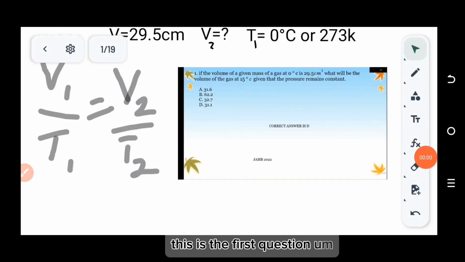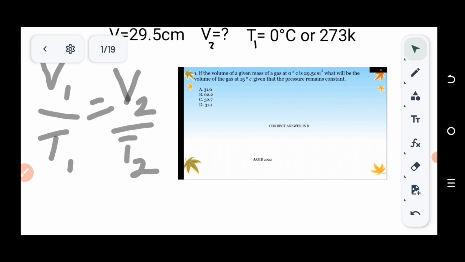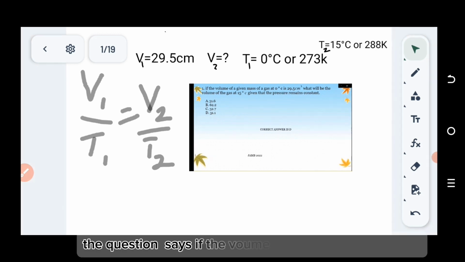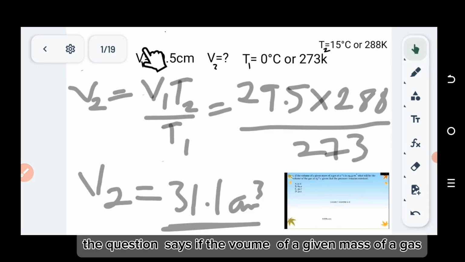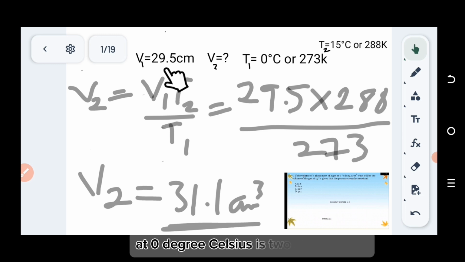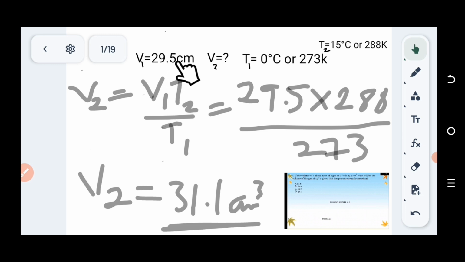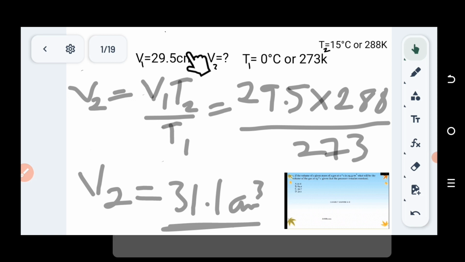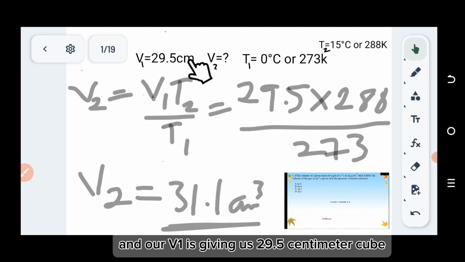This is the first question, and it's gotten from the year 2022, and this is the solution towards it. The question says if the volume of a given mass of a gas at 0 degrees Celsius is 29.5 centimeter cube, that is, our T1 is given at 0 degrees Celsius and our V1 is 29.5 centimeter cube.